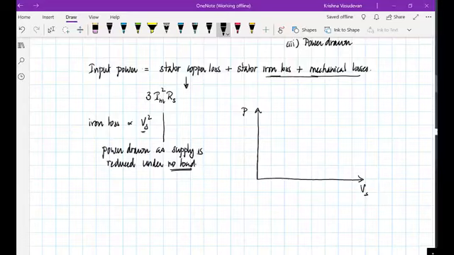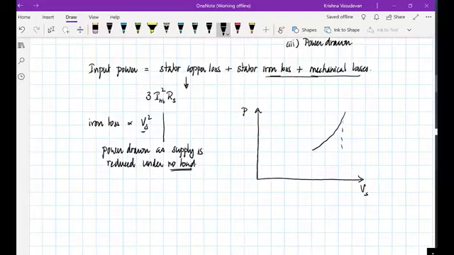However, as you reduce the value of supply voltage, you are going to significantly affect the iron losses, because iron losses are proportional to supply voltage square, and therefore you would expect a graph where the losses reduce in a square law way with respect to the supply voltage.